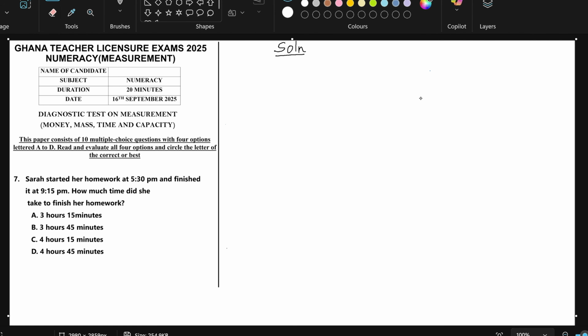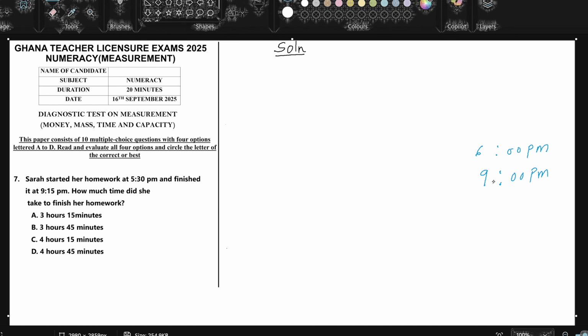So let's say Sarah started her homework at exactly 6 o'clock p.m. and she finished her homework at exactly 9 o'clock p.m. Then can we calculate the duration of her homework? From 6 p.m. to 9 p.m., the duration will be 3 hours.